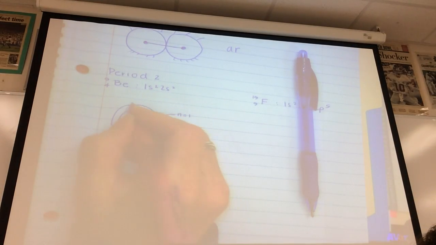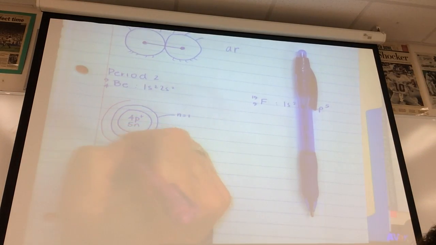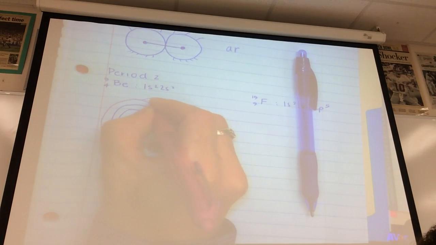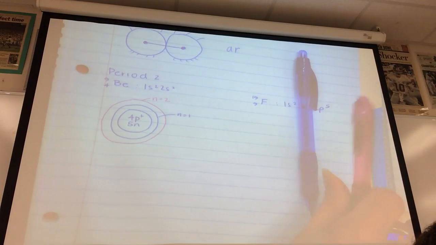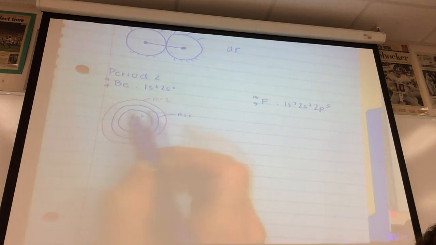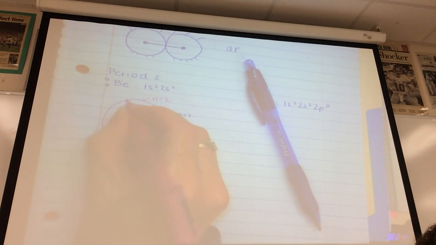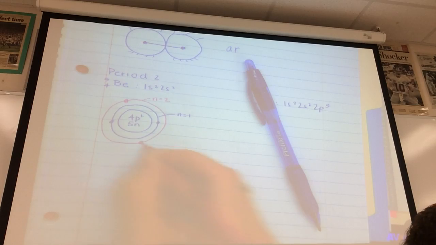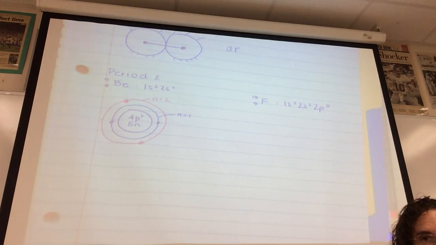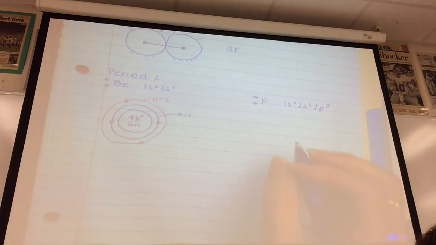And the second ring here represents n equals 2. In the first shell, we have 2 electrons, and in the second shell, we have 2 electrons, which are valence electrons.